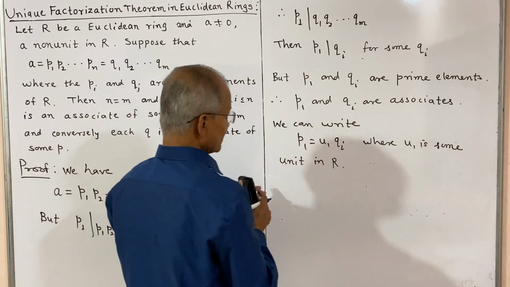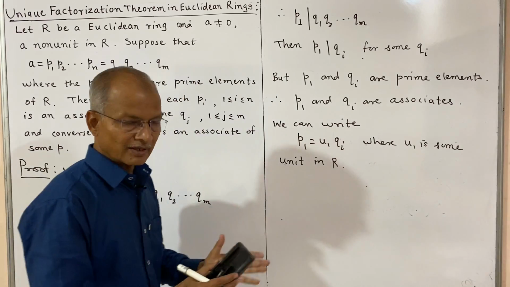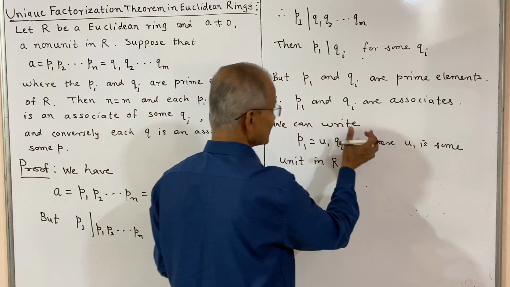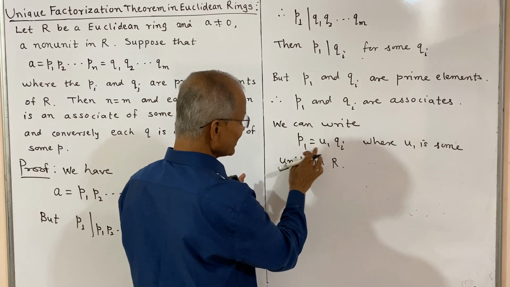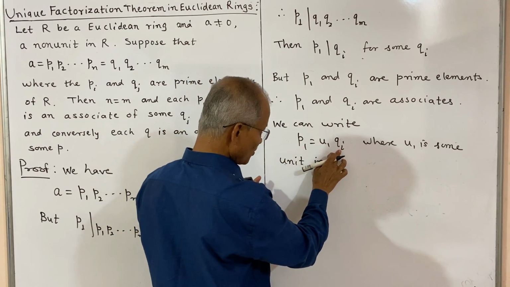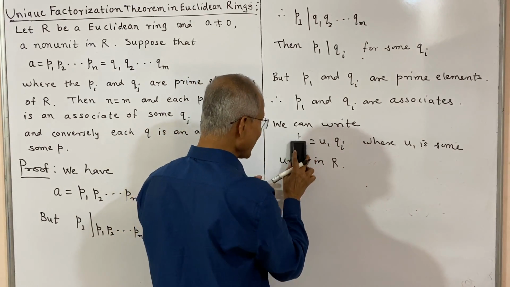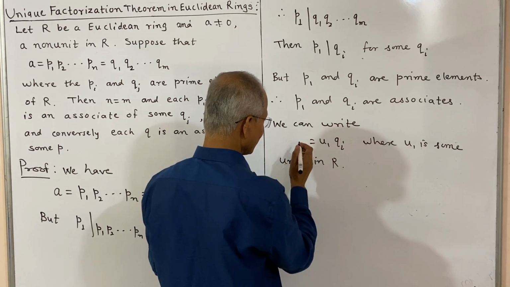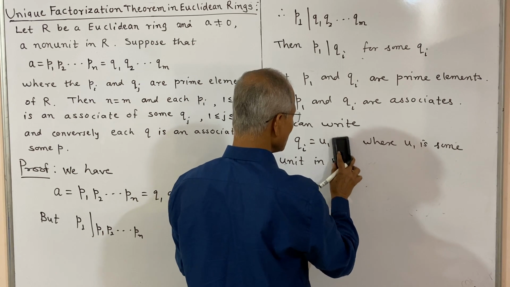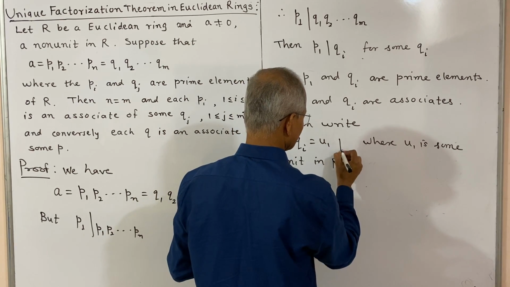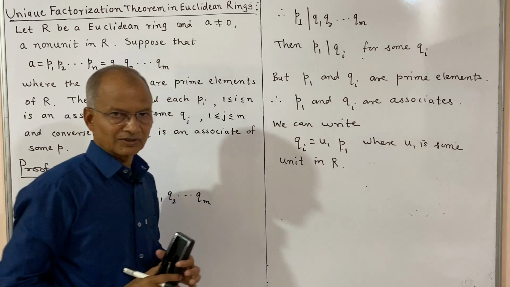If A and B are associates, then they are associates of each other. Either we can write P1 in terms of Qi, or we can write Qi as U1 into P1. They are associates of each other.